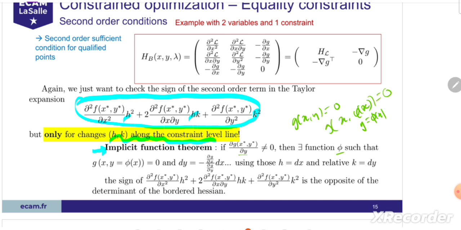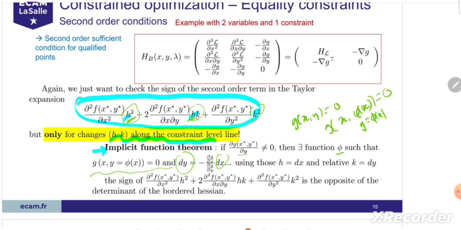So we know we can find a function phi such that this is happening, and then we have some relation between the dx and the dy, and these, the increase in x and the increase in y, are the ones appearing here.